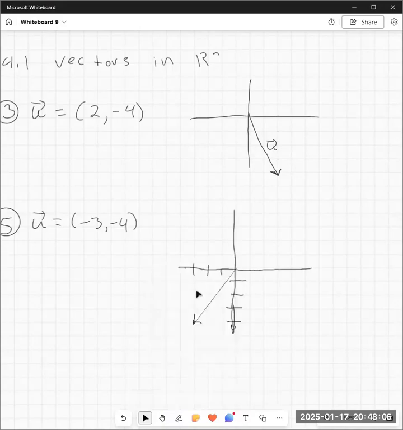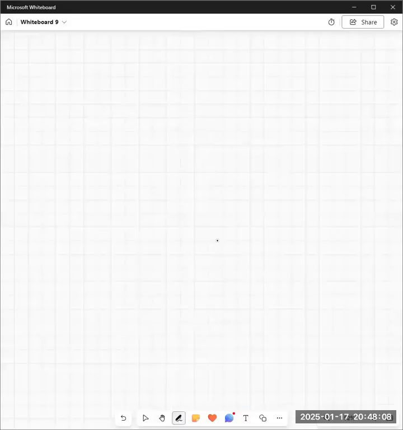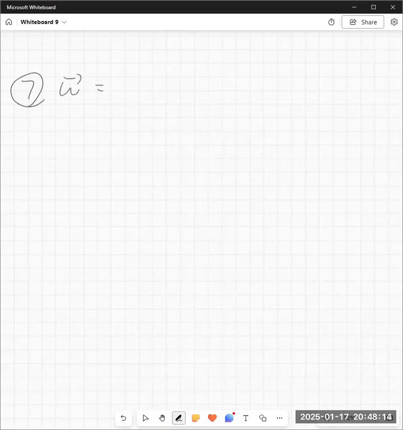Let's look at number 7. It says that vector u is equal to 1, 3. Vector v is equal to 2, -2.